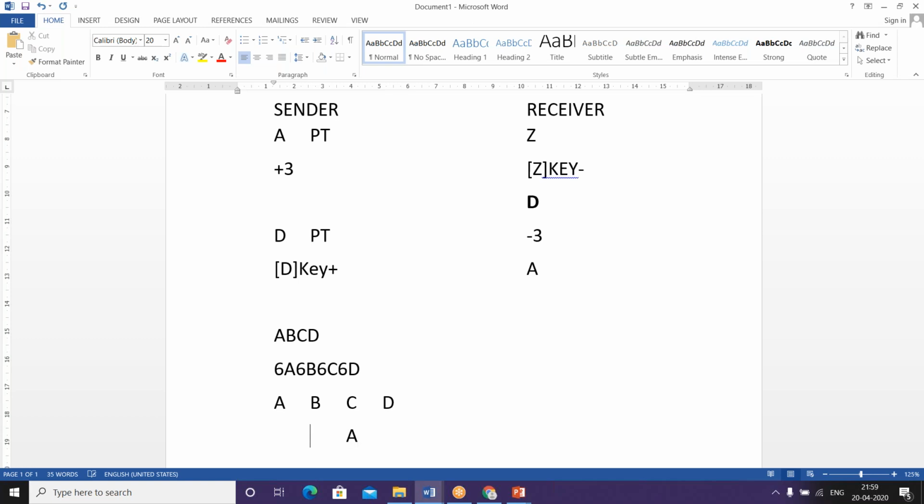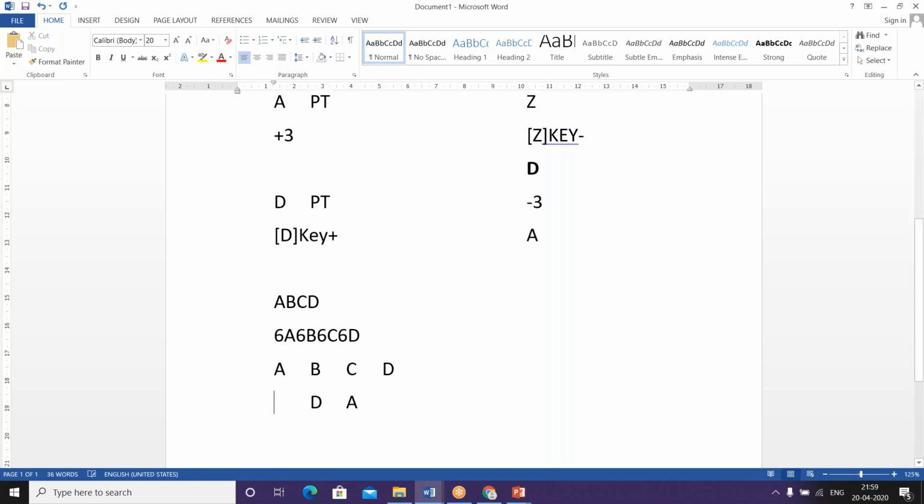A is coming to third position. D will come here. C may go here, and B will come here. Now we are not going to encrypt ABCD directly, but we are going to encrypt BDAC. Fine.